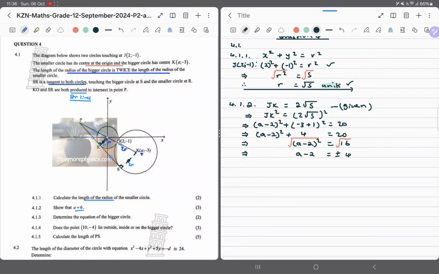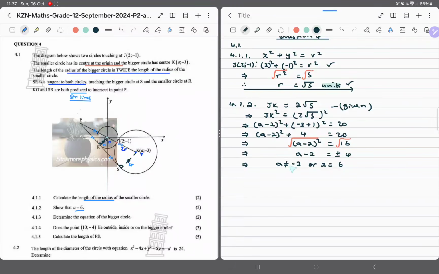Plus or minus 4. Now, this implies that A is equal to, when this is minus 4 plus 2, essentially minus 2, or A is equal to, now this is positive 4 plus 2, that is 6.